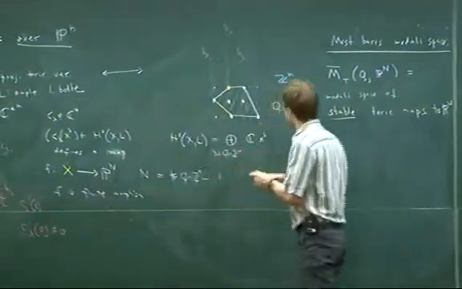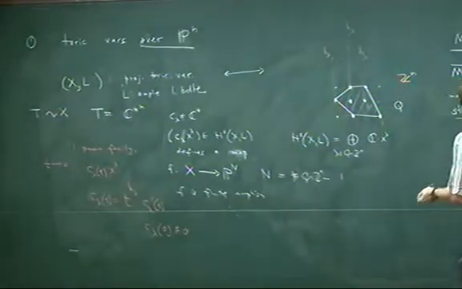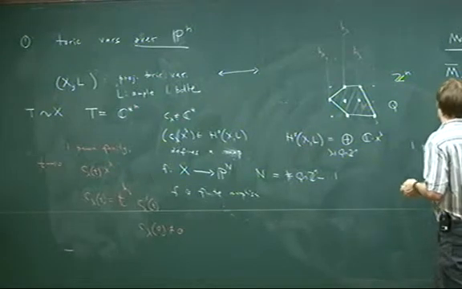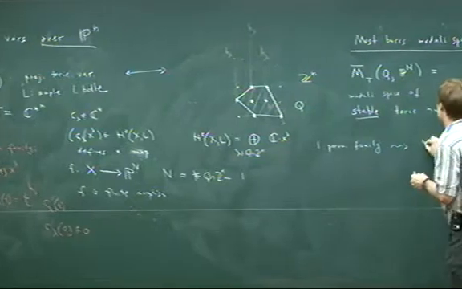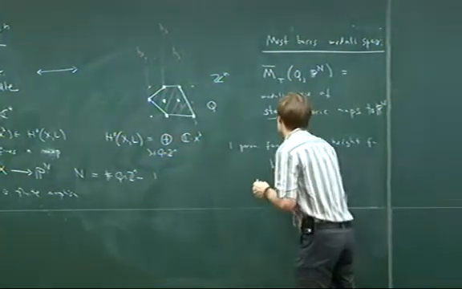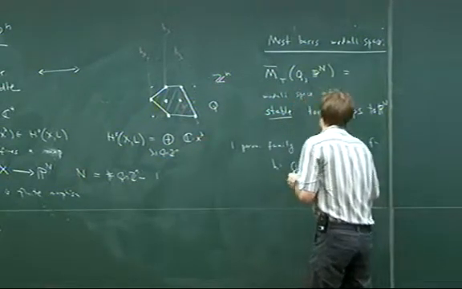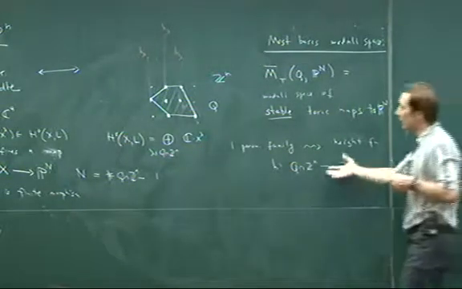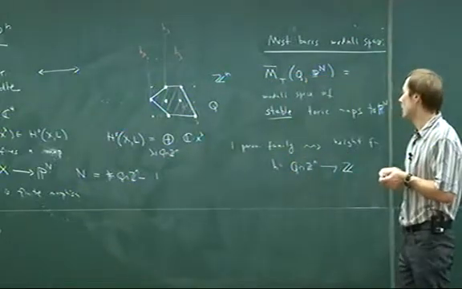So every one-parameter family gives a height function h, and it's from the integral points here to Z.